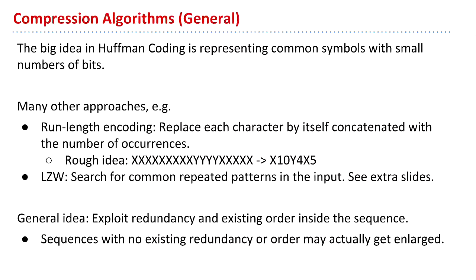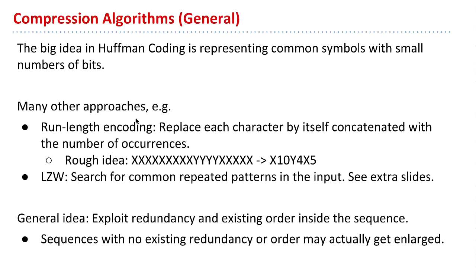All right. So the big idea in general, right, Huffman coding is but one of many families. And there's another one in the extra slides called LZW that's very famous. That's a totally different approach that does something else. But the general approach for Huffman coding is I want to represent common symbols, like the letter E, with a small number of bits. That's one idea for compression. But there's other approaches.